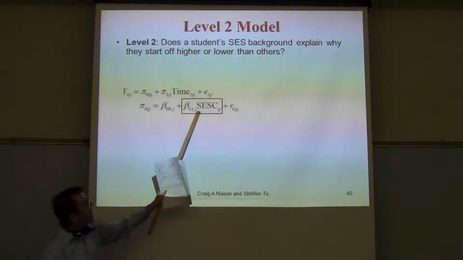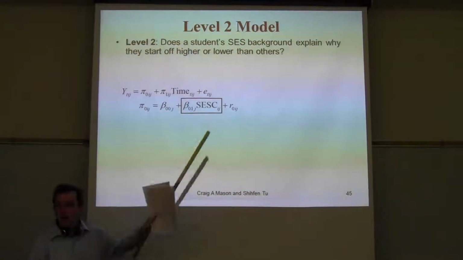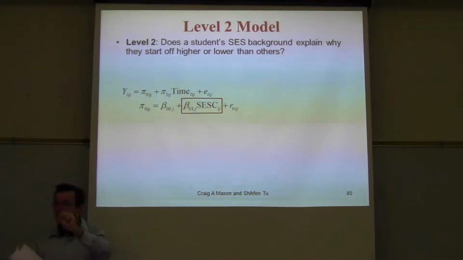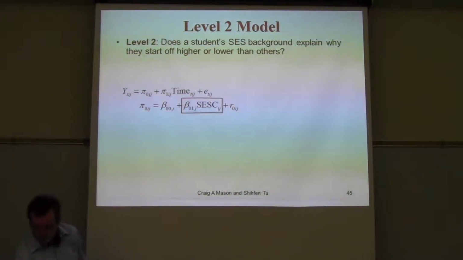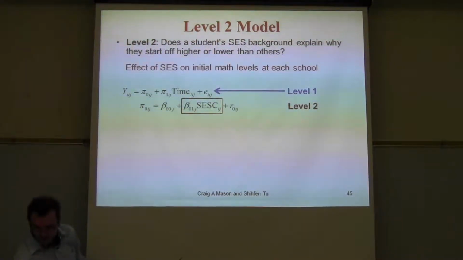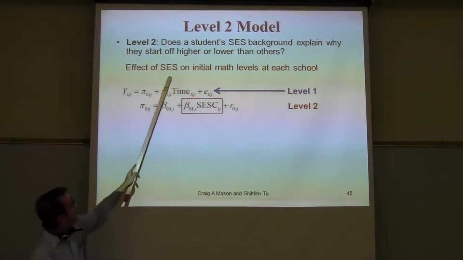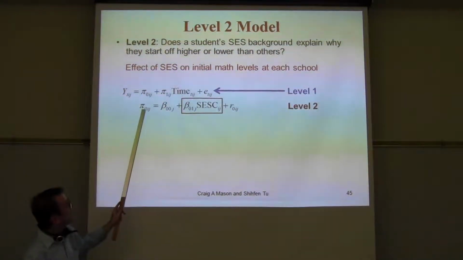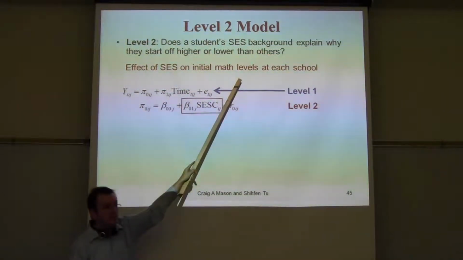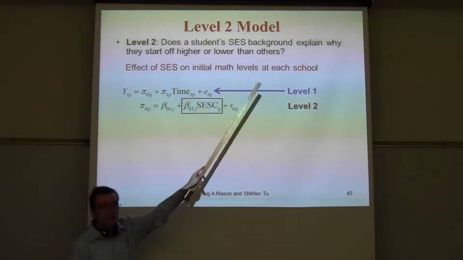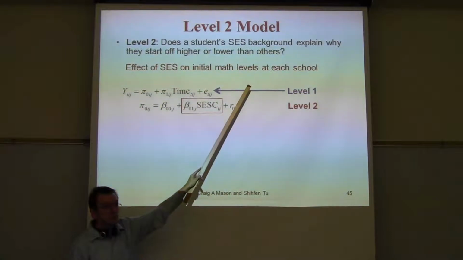Beta 01J then, and we're multiplying it by the SES, that's the effective SES on pi 0 ij. It's the effective SES on the initial math levels at each of those 25 schools.